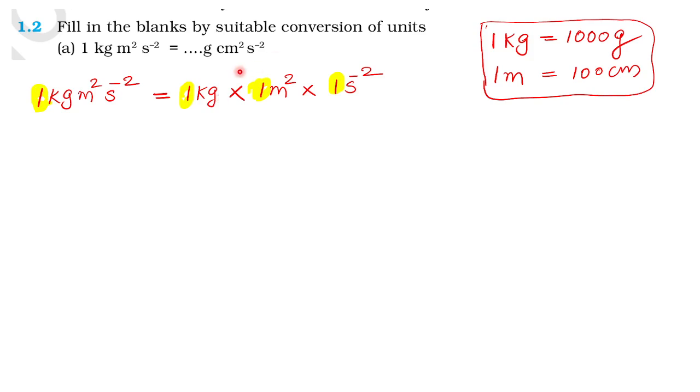Any number of times you multiply 1, you will get 1. So if there is a unit like this, you have to split it like this: 1 kilogram into 1 meter square into 1 second raised to minus 2. This must be the first step.